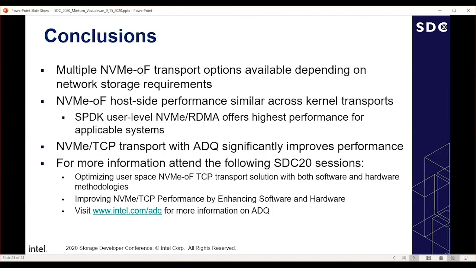The NVMe over Fabrics host side performance for all the kernel transports is more or less similar, as you saw in the graph that Dave described. And they've also described that SPDK NVMe RDMA offers the highest performance when it is in a deployment that it is applicable to.